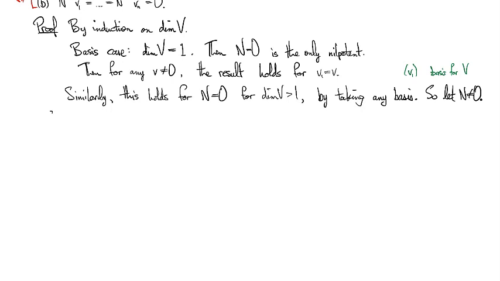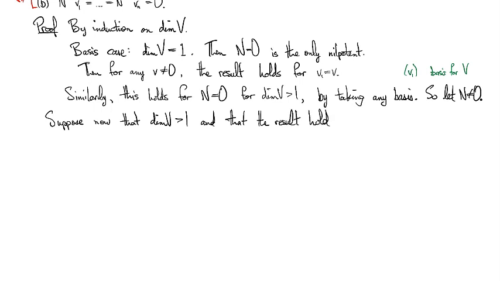Okay, so suppose now that we've got a dimension of v greater than 1, and that the result holds for all vector spaces of smaller dimension, so strictly less than dim v.